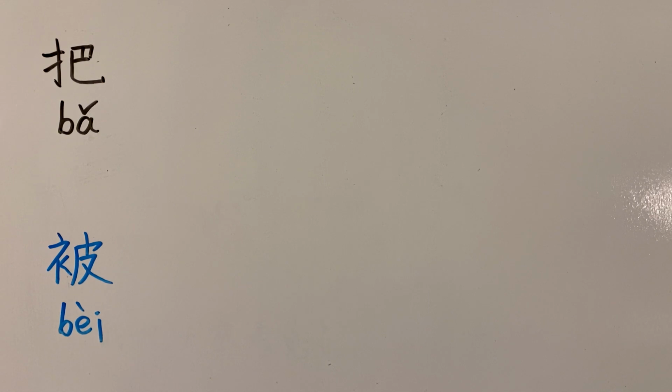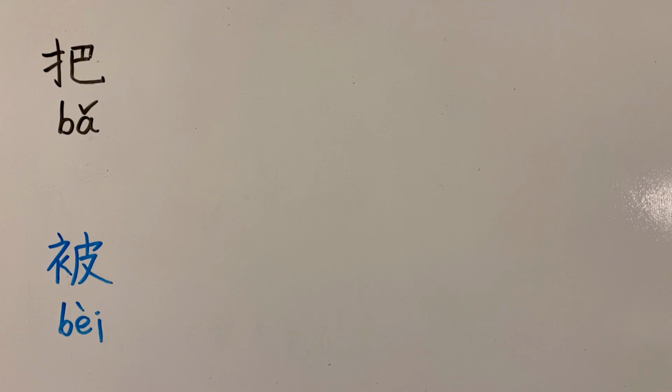In this video, we're going to break down the two words on the board to see how to write Chinese characters. We have already learned the Chinese sentence patterns 把字句 and 被字句, right? So here is 把 and 被.